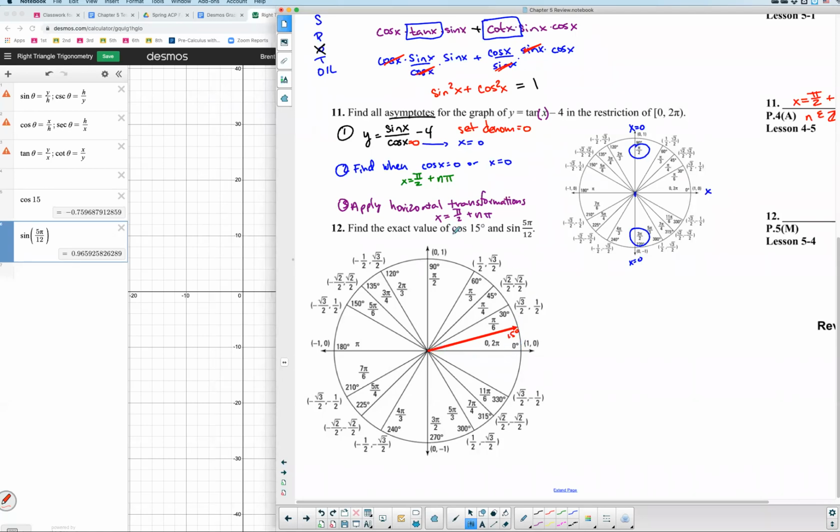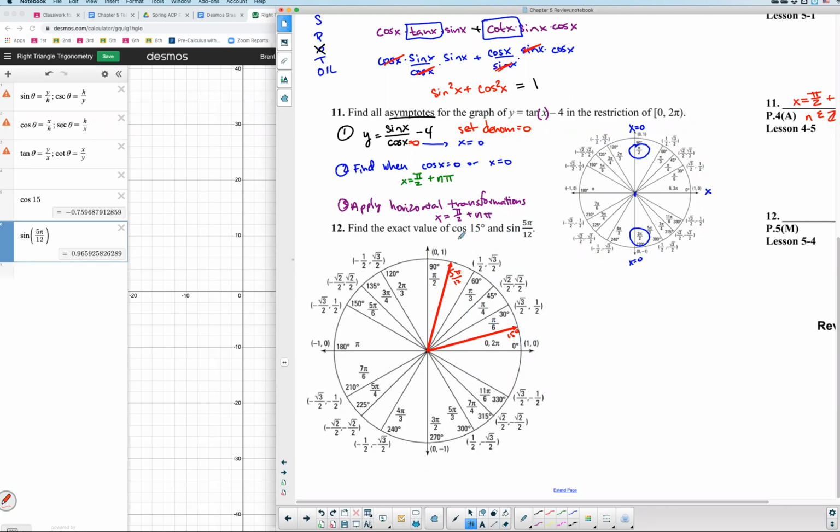That's what we're trying to find on this portion. And then we'd have sine of 5 pi over 12. Now you might not know this, but 5 pi over 12 is almost 1/2 pi. It's really, really close. Here's 1/2 pi. This is almost 1/2 pi right there. That's where 5 pi over 12 would be located. This says find the sine, which is the y value. You can see that this is almost up to 1, just like this is almost over to 1. So that's why the answers will be the same.